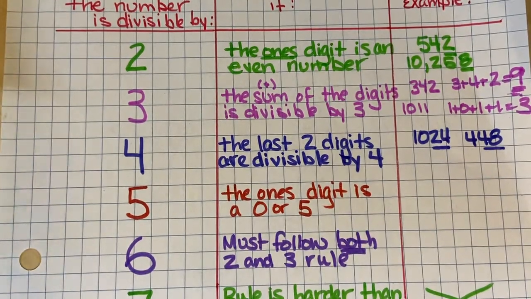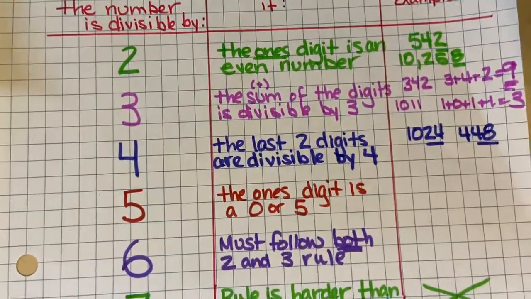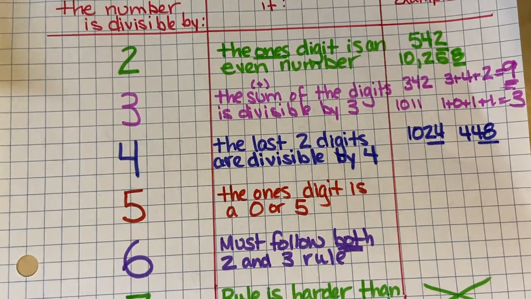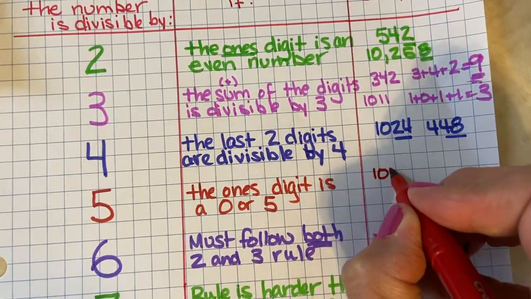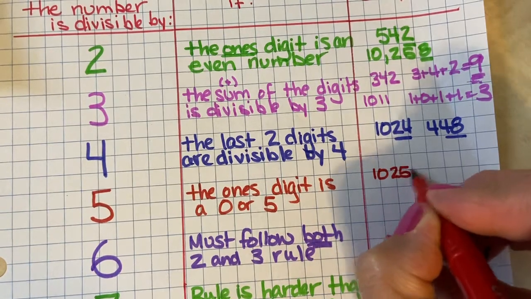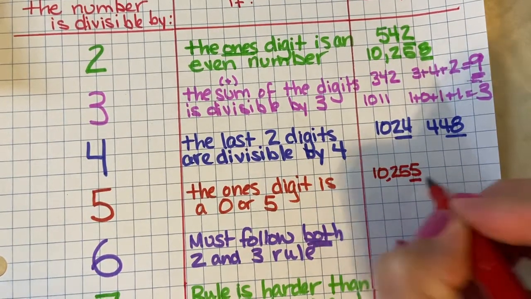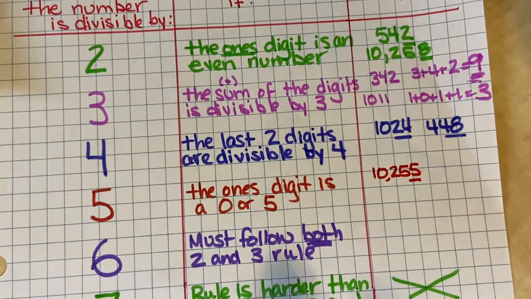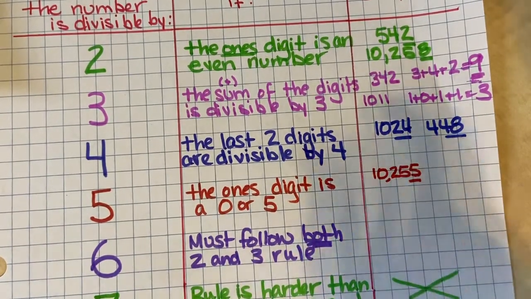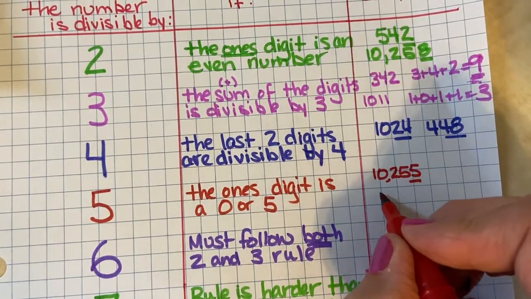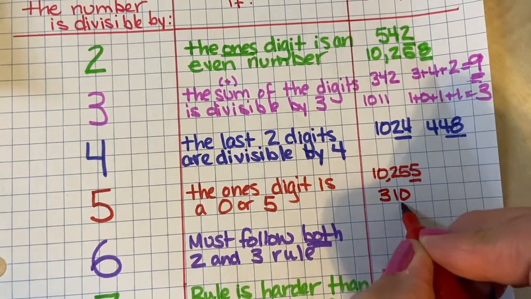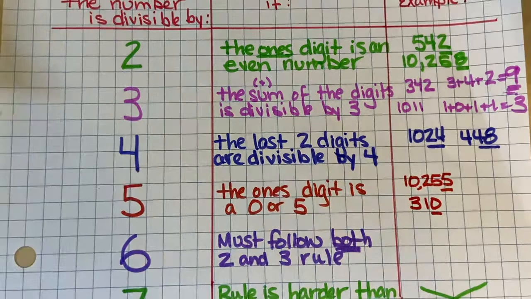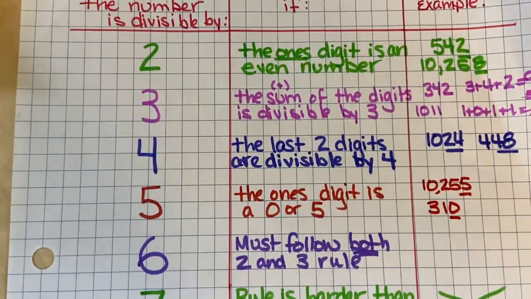All right, number 5 is the easy rule. The number ends in a 0 or a 5, no matter how big the number is. So if I had a number that is 10,255, 5 will go into it because it ends in a 5. If I had a simpler number, as in, let's see, 310, it ends in a 0, so 5 goes into that evenly.